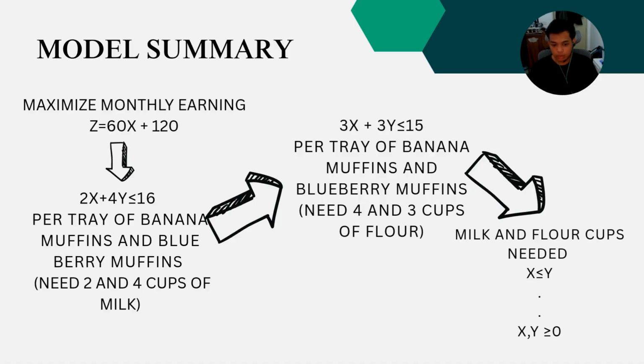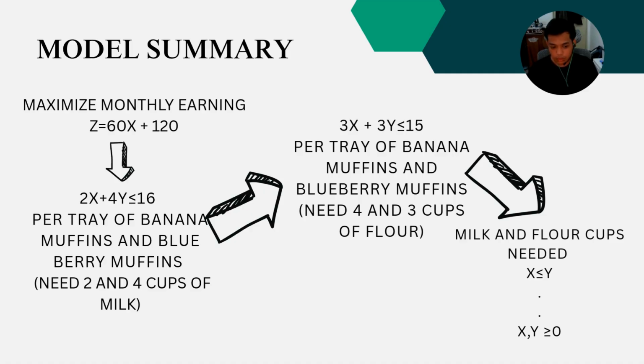The total milk available is only 16 cups. Next we have the flour constraint, which is 3x plus 3y less than or equal to 15. Banana muffin needs 3 cups of flour and blueberry muffin also needs 3 cups per tray, with only 15 cups of flour available in total.